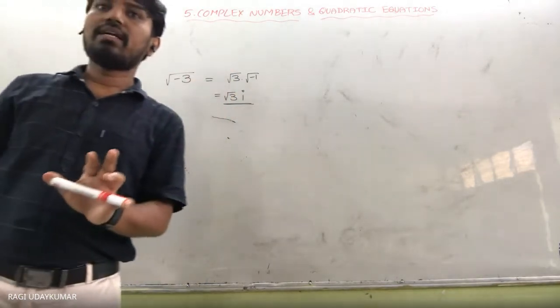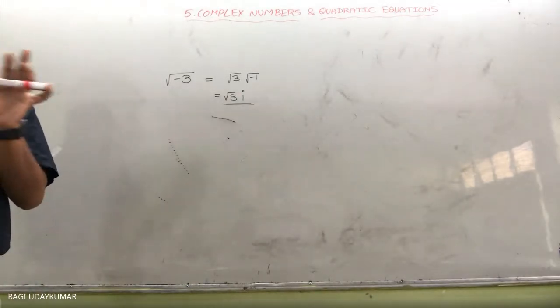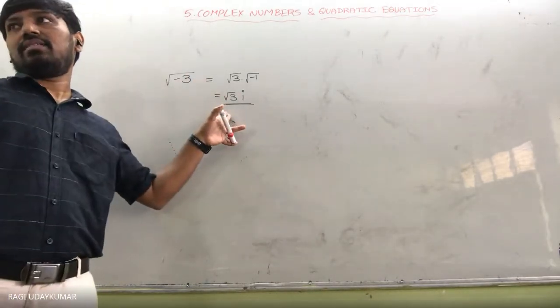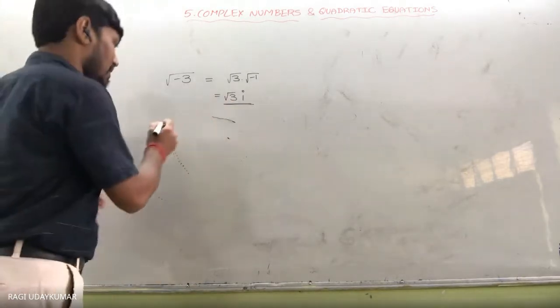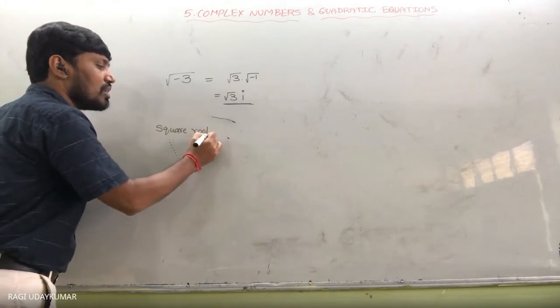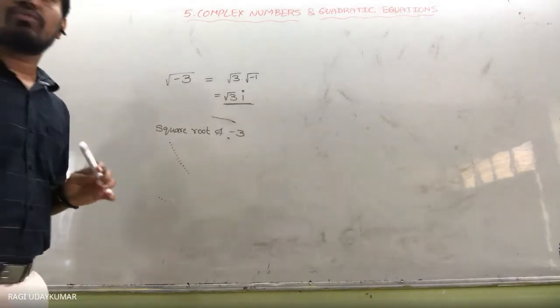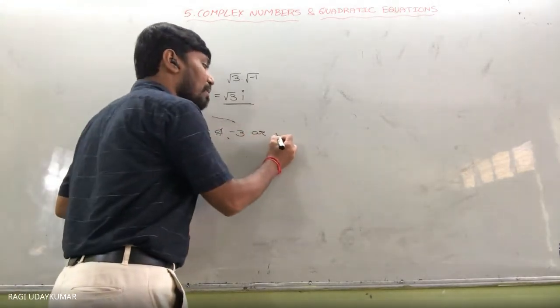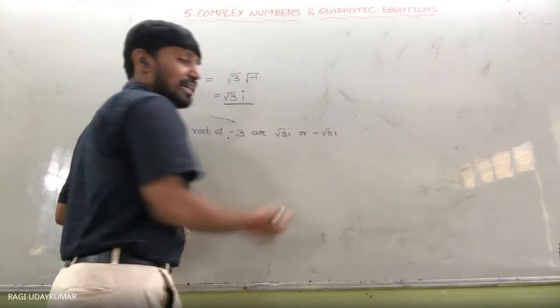Do remember that if square root of minus 3 is written in symbol form, only plus root 3 i will come. If square root of minus 3 is given to you in a sentence, this could be plus root 3 i or minus root 3 i.